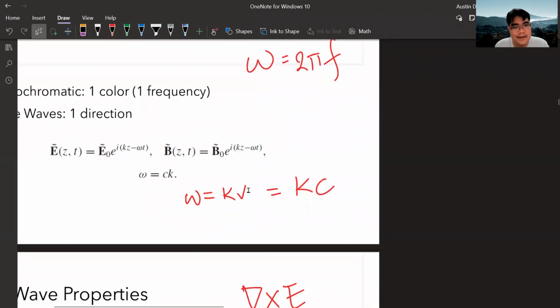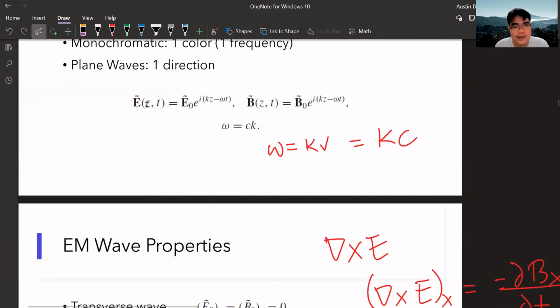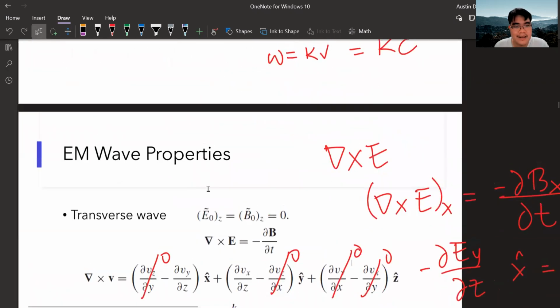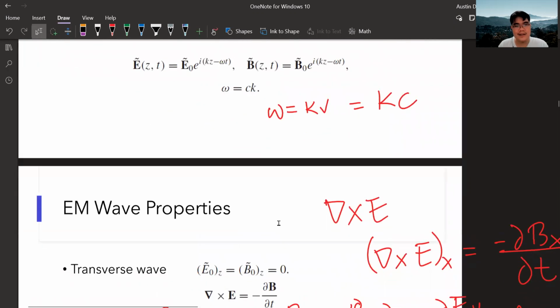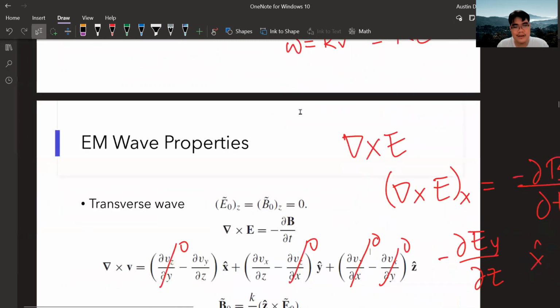Ang dependence niya lang, pag monochromatic plane waves, is yung direction of propagation, z. Doesn't depend on x, it doesn't depend on y, but it has x and y components. Dahil sila ay transverse waves. Nakakalito ba? Okay, so itong mga yan, meron silang x component and y component, but they're just constants.